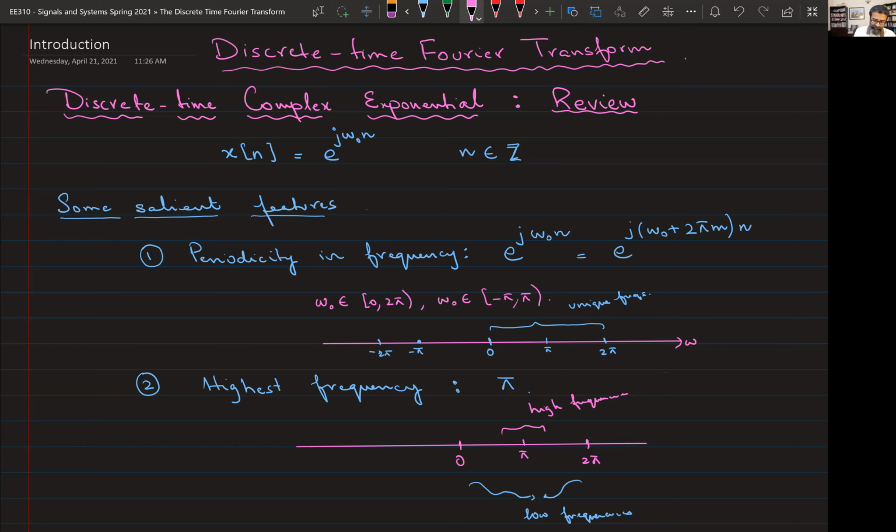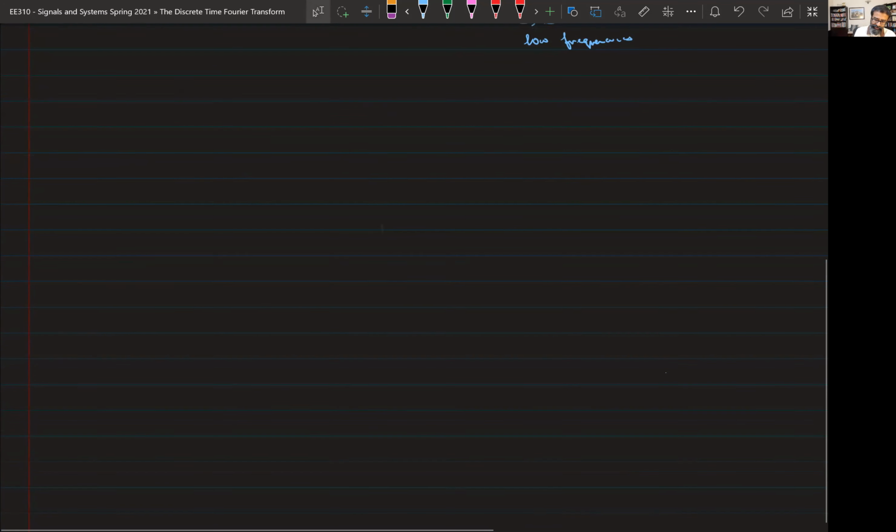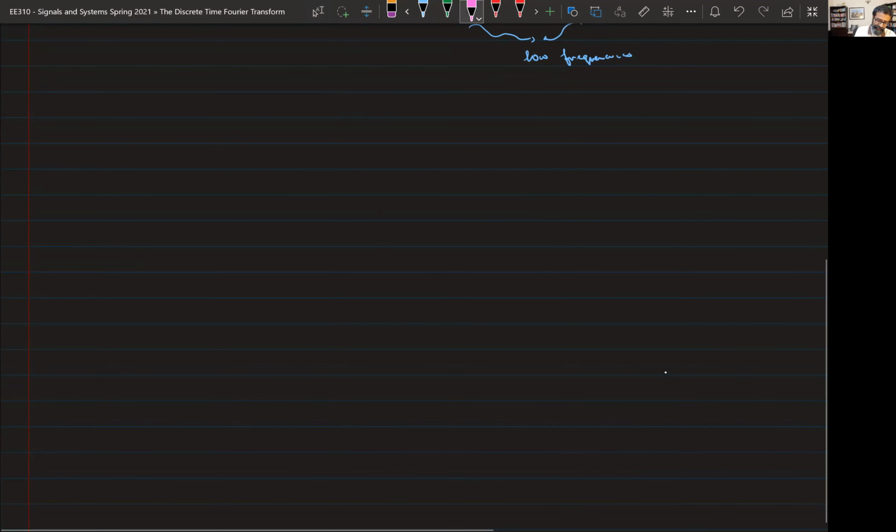Okay. Right. So here's a quick review of the continuous time Fourier transform, and we're going to try to draw parallels from there.